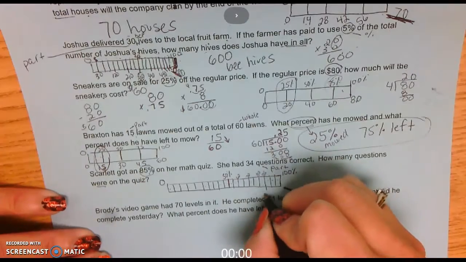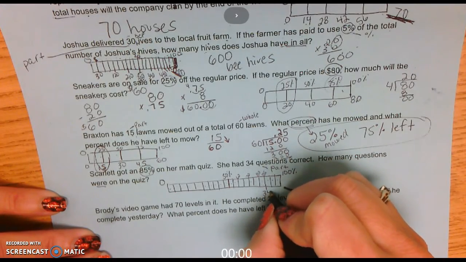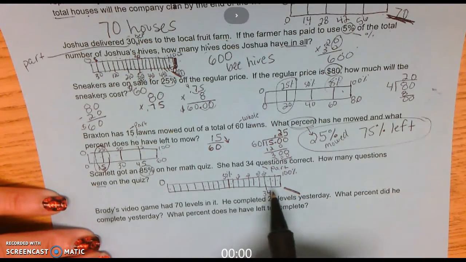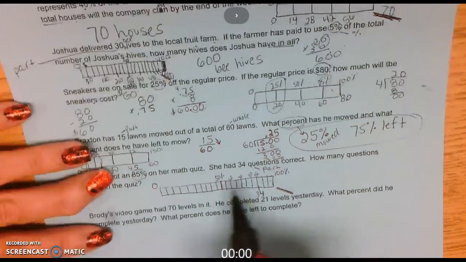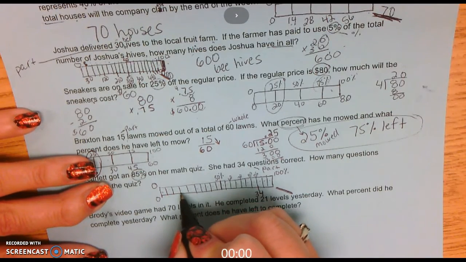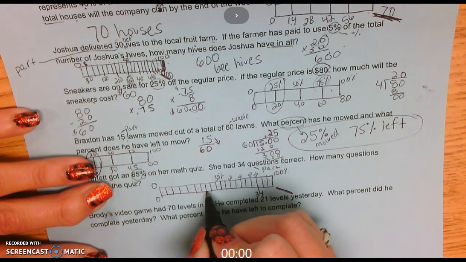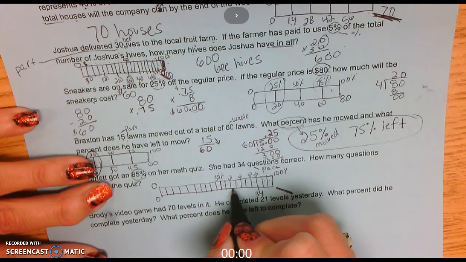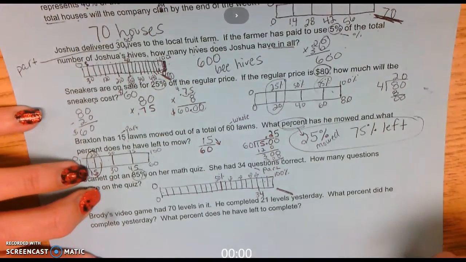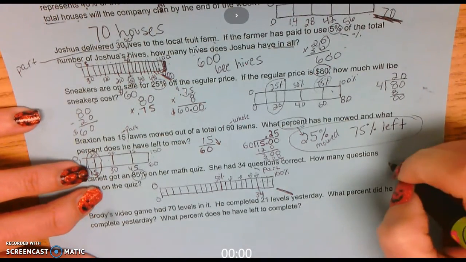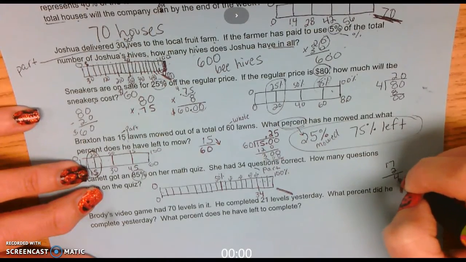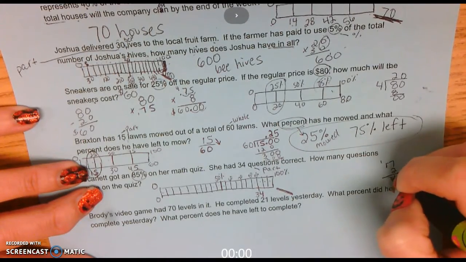So if 85 is 34 questions, I have to think, all right, what do I skip count by here to get up to 34? So that tells me I need to break it into 17 pieces. So I think that's about 2. 17 times 2 would be 34.